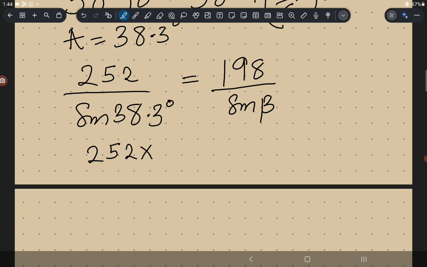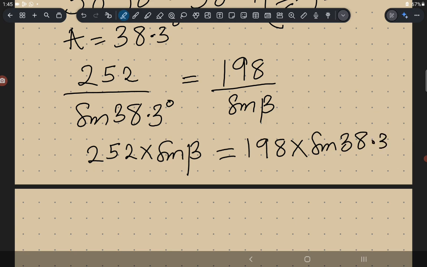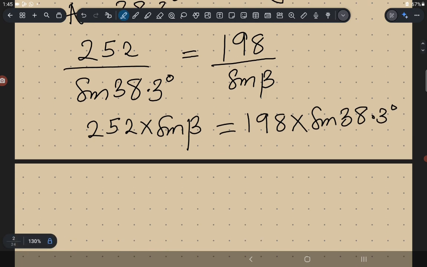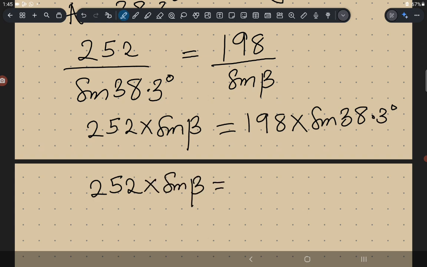In cross multiplication, we can write 252 to multiply sine B is equal to 198 to multiply sine 38.3 degrees. So we have 252 times sine B is equal to 198 times sine 38.3 degrees.